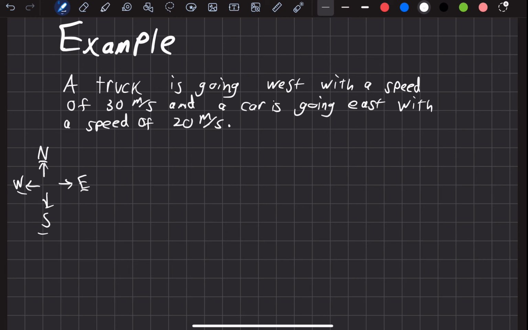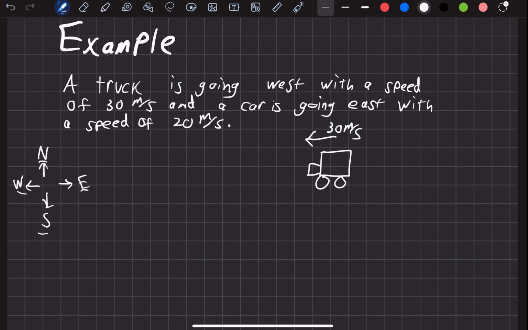So a truck is going west with a speed of 30 meters a second. So let's draw that to the right. This is going to be our truck. Absolutely amazing truck. And it is going to the west direction, which usually would indicate that it's going to the left of our diagram. So we'll have this go to the left, and it's going to the left at 30 meters a second.